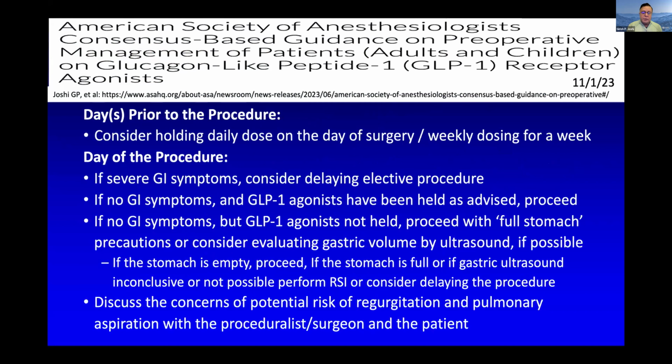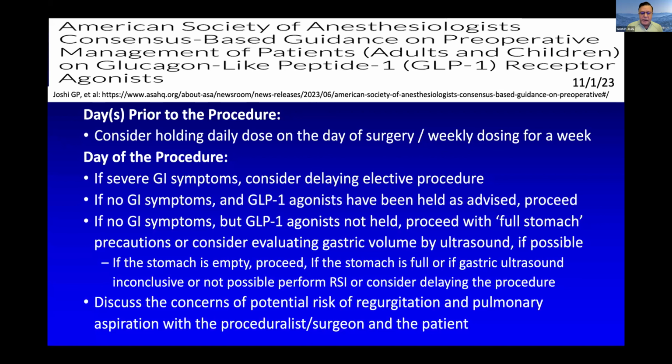Based on the huge number of reports from our ASA members and experiences and reports of regurgitation and aspiration, the ASA Guidelines Committee was asked to develop guidance with regards to how we manage these patients in the perioperative period.